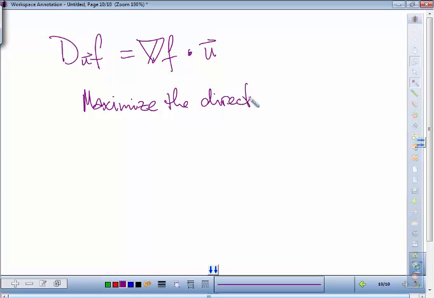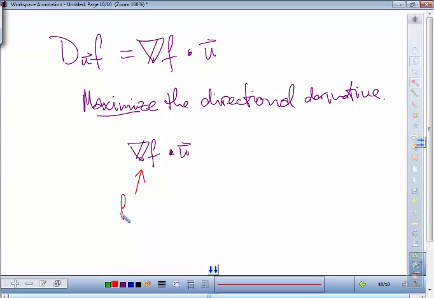There's this thing where we're interested in seeing what the fastest rate of change is. And so it's like a calculus problem. We're maximizing something. We're maximizing the directional derivative. And so the question is, this is your directional derivative. And we note that this gradient is fixed.